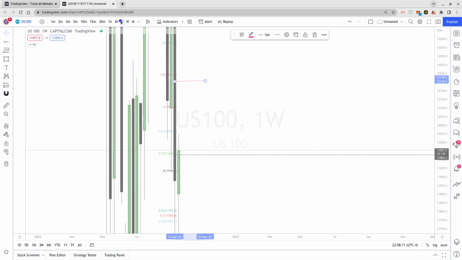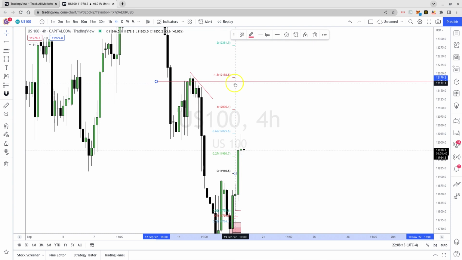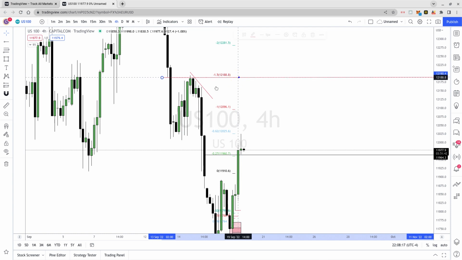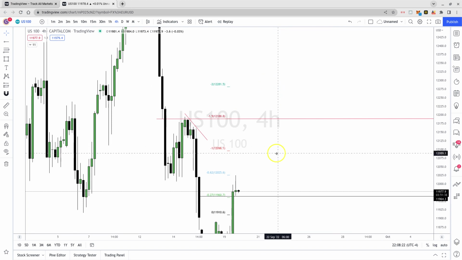Alright, not quite. But 1.5 does align with this high, so we could see that happen.